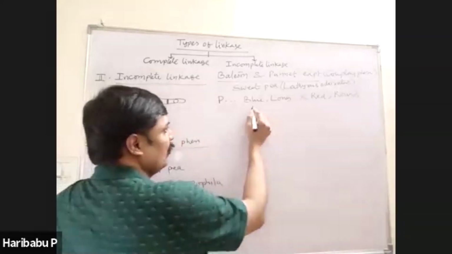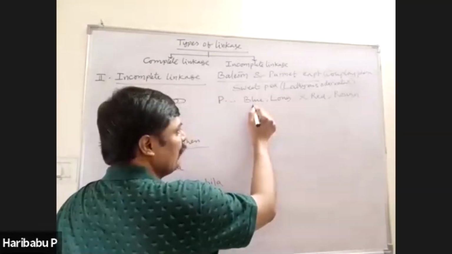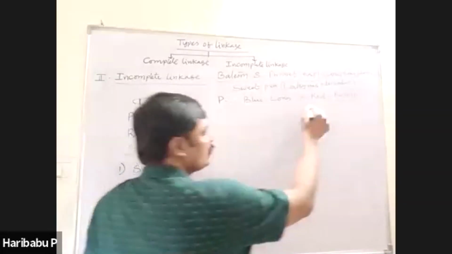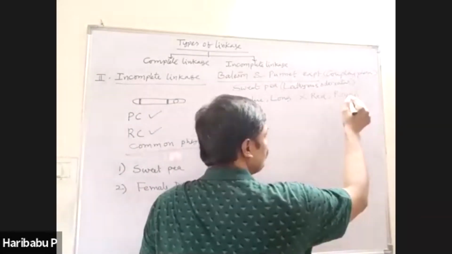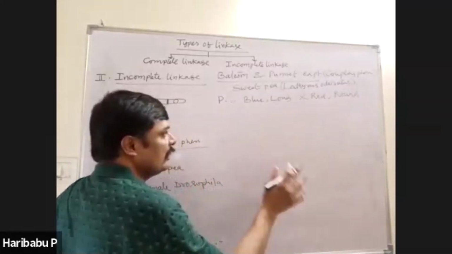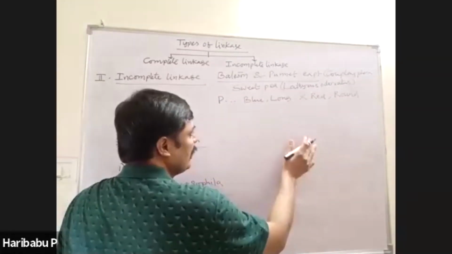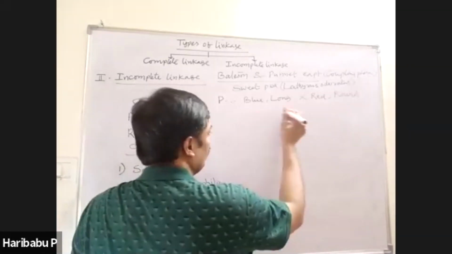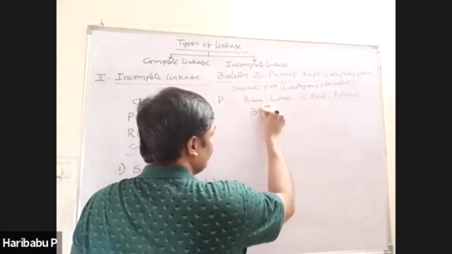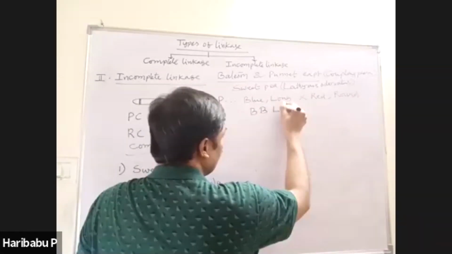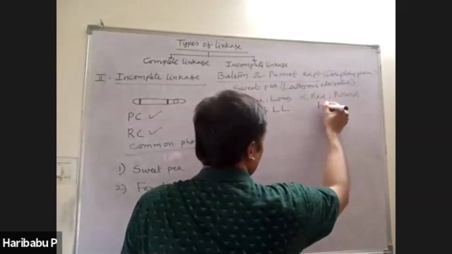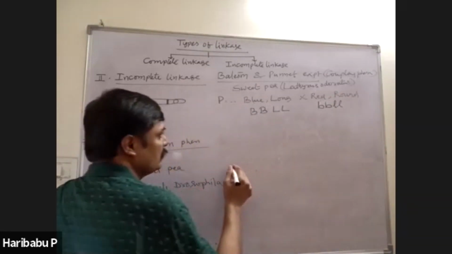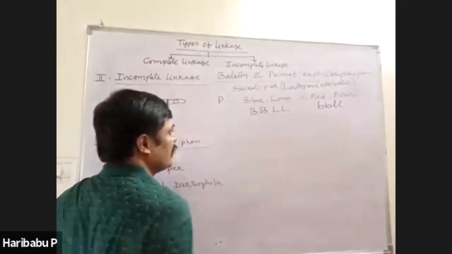Now, when a plant having blue colored flowers with long pollen is crossed with a plant having red colored flowers with round pollen, in the F1, all one type, that is blue long phenotypically, were obtained. Let us see. Capital B, capital B, capital L, capital L, small b, small b, small l, small l. So both are pure homozygous parents.